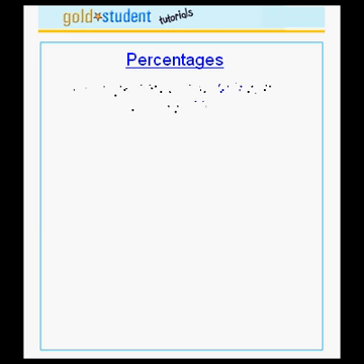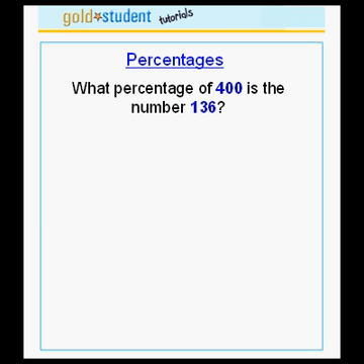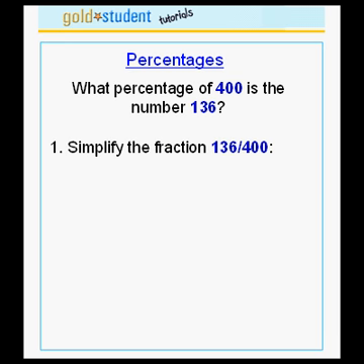Let's do another example. What percentage of 400 is the number 136? In other words, the fraction 136 divided by 400 is what when expressed as a percentage? First, let's simplify the fraction 136 over 400. It turns out that you can write 136 over 400 as 8 times 17 divided by 8 times 50.